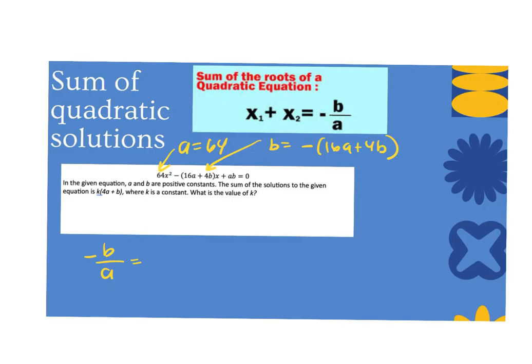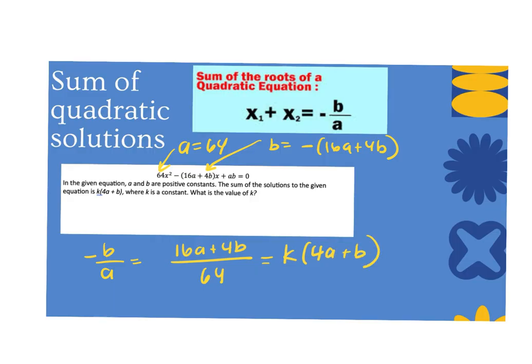So negative 16a plus 4b means that sign goes away. 16a plus 4b over a, which is 64, is equal to the sum of the quadratic solutions. And in this case, it says the sum of it is k times 4a plus b. This will change. What it equals will change, okay?